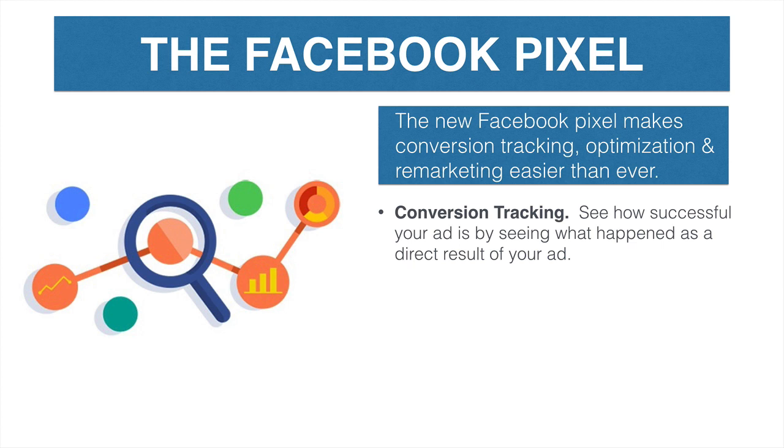So many people are blind when it comes to Facebook ads because they run an ad and Facebook will tell you how much money you've spent, but unless you're leveraging the power of the Facebook Pixel and you have it installed on your e-commerce store or your website, Facebook will not tell you how much money you've made off of that ad. So it's kind of like a guessing game.